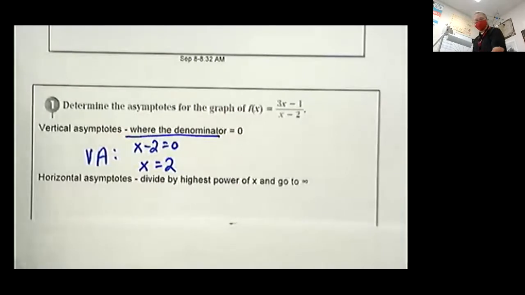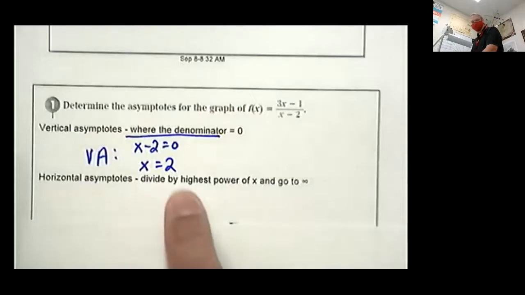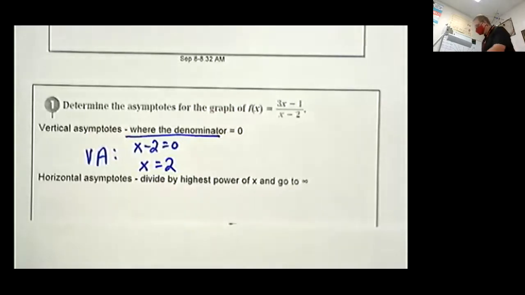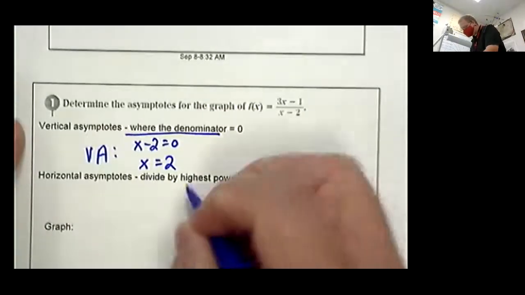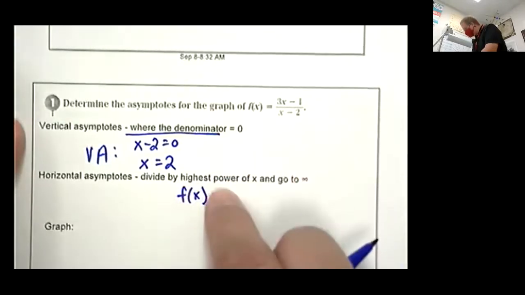The second thing is the horizontal asymptote. We actually had 3 cases, but for this, we're just going to do the shortcut. And that shortcut is we're going to divide each term by the highest power of x and let x go to infinity. So what does that mean? We're going to take the function f of x, and we're going to divide each term by the highest power.